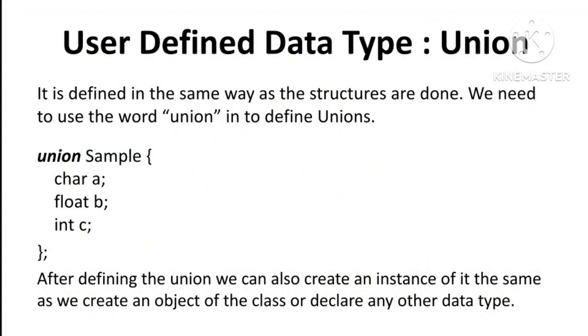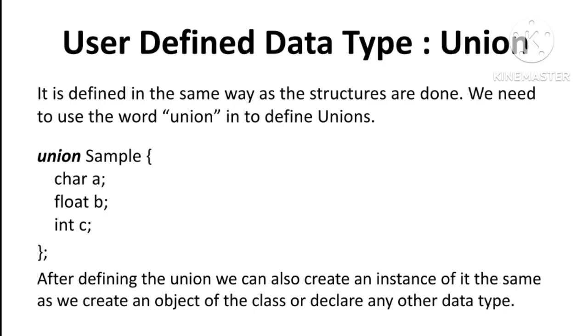But the difference is that the member variables in a union share the same memory location, unlike a structure that allocates memory separately for each member variable. The member of the union which occupies the largest memory decides the union size. It is defined in the same way as structures are.